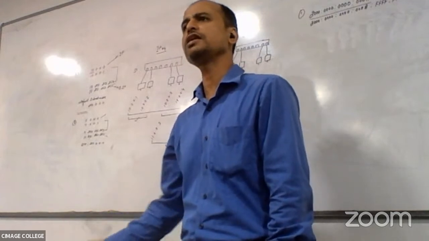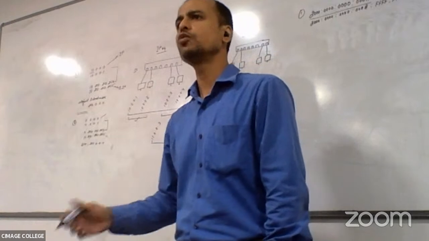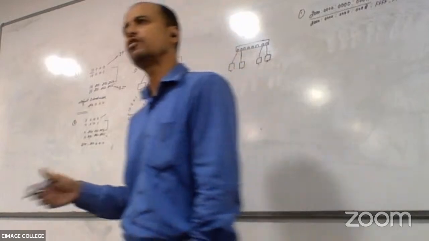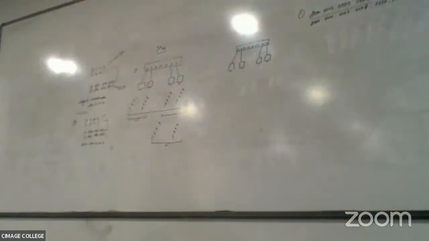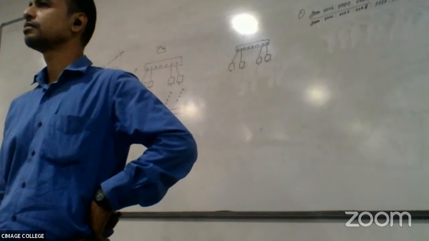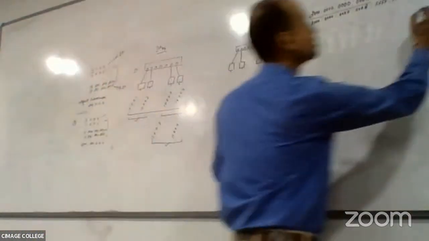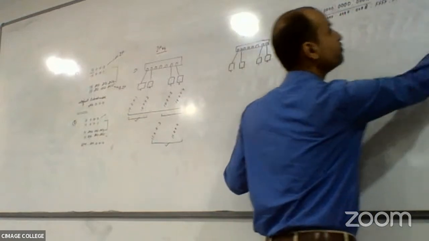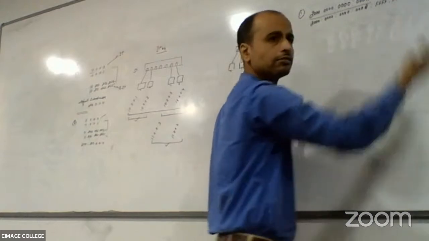0000, 0001, 0002, 3, 4, 5, 6, 7, 8, 9, A, B, C, D, E, F, then 10, 11, 12, 13, 14, 15, 16, 17, 18, 19, 1A, and so on, 20, 21, 22, 23, 24, 25, 26, 27, 28, 29, 2A, 2B, 2C, 2D, 2E, 2F, 30 and so on. We all have done an exercise on this. In this way, definitely we will reach F. If this group is over, then we will increase the value of the next group by 1.